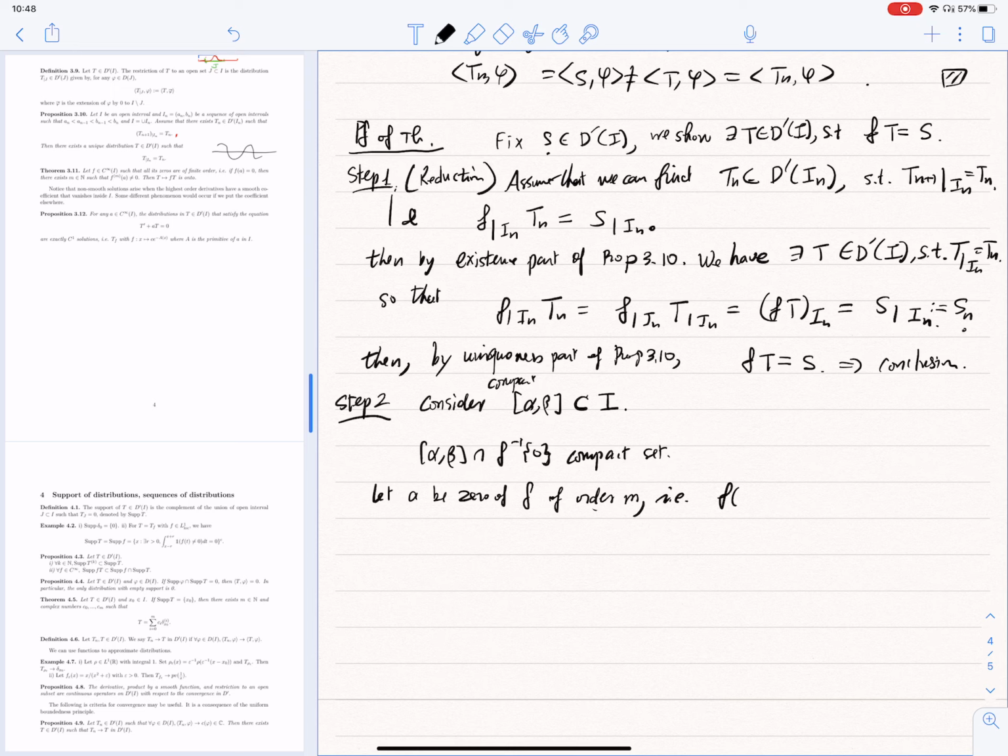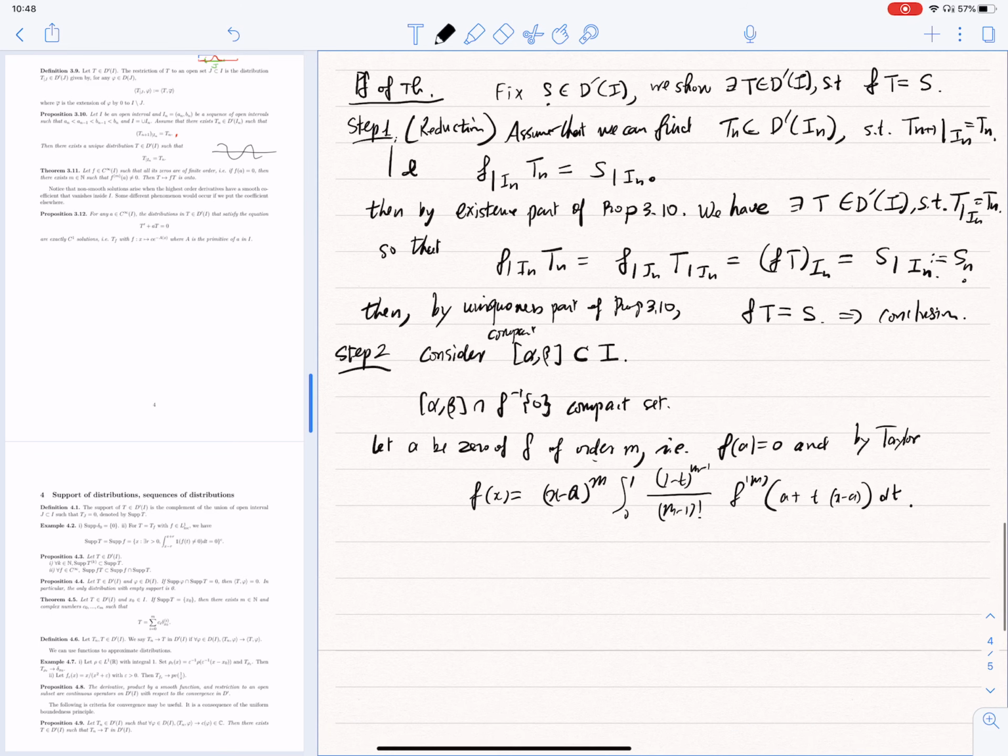Meaning that f(A) is equal to 0, and also by Taylor, f(x) can be written as (x minus a) to the m times the integral from 0 to 1 of (1 minus t) to the m minus 1 over (m minus 1) factorial, times f^(m)(a plus t(x minus a)) dt.